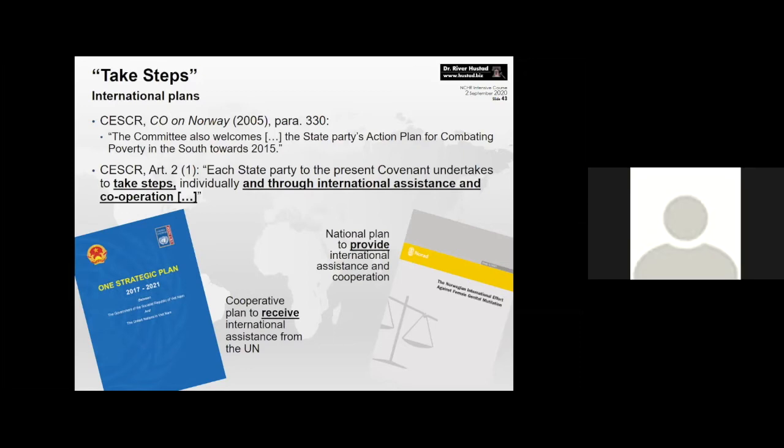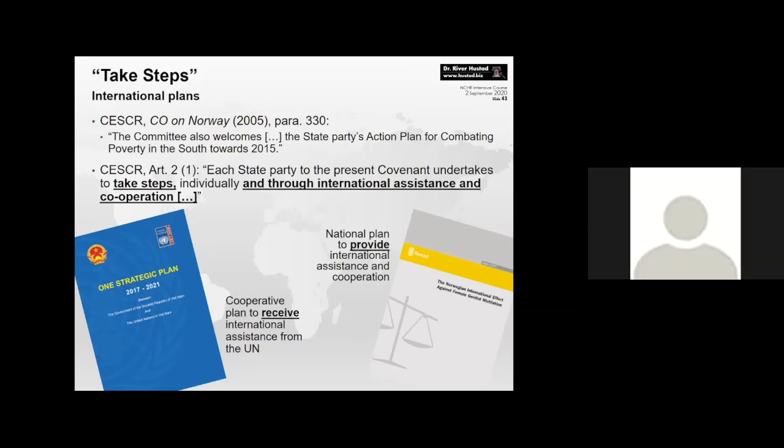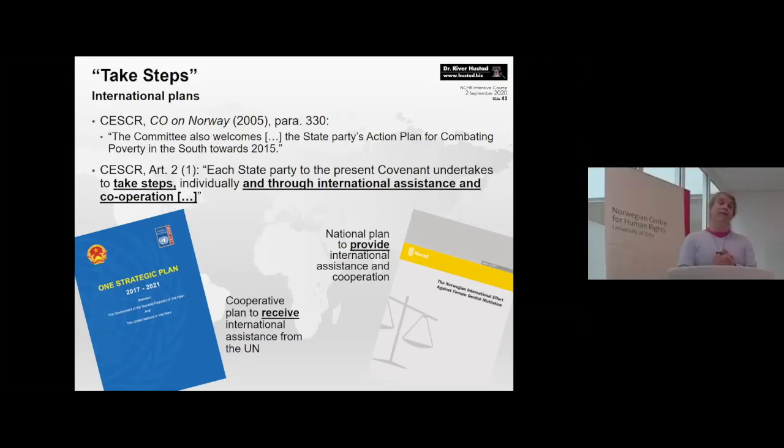Do you mean not having a global indicator? It doesn't mean that there should not be a global indicator, but just that a global indicator is not the full fulfillment of taking steps. A state might say, I don't need to create any benchmarks in my country because there's already the HDI, and I can save all of the effort.